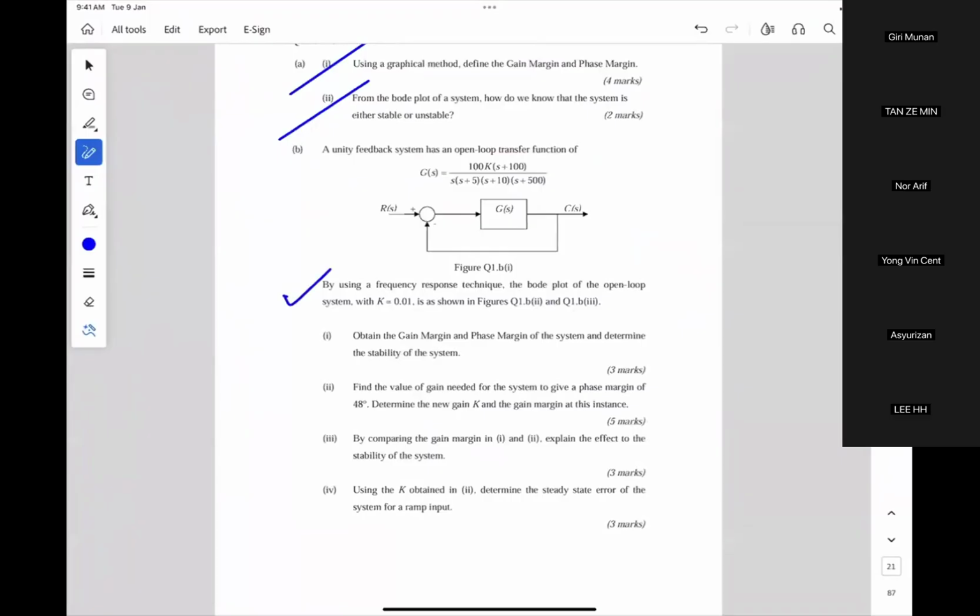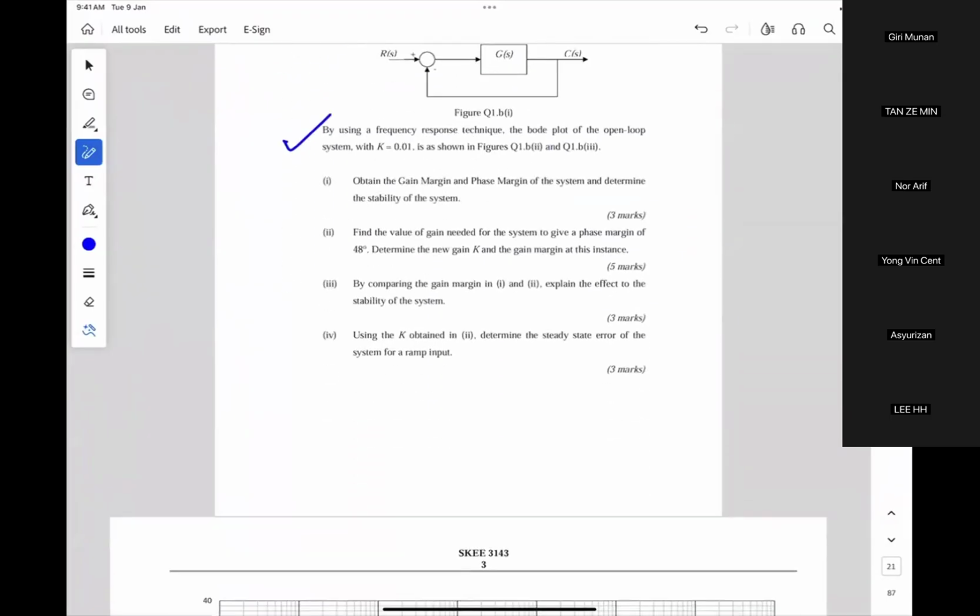Obtain the gain margin and phase margin of the system and determine the stability. This one is very easy.